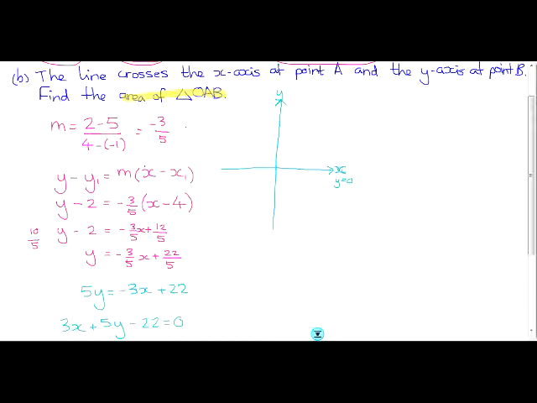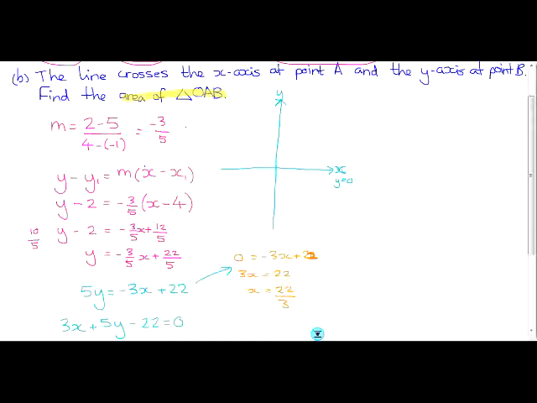So let's have a look at using this one. So if my y is 0, it's going to be 0 equals minus 3x plus 22. Oops, sorry, that's 22. Which means 3x is equal to 22, which means x is equal to 22 over 3.